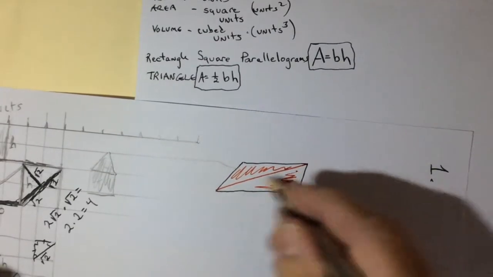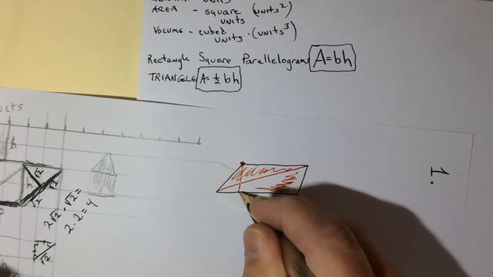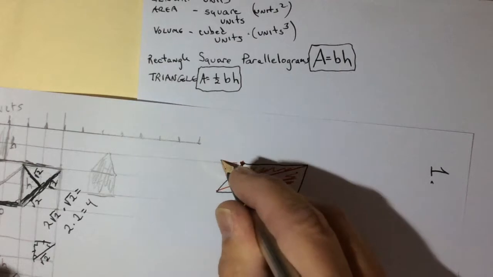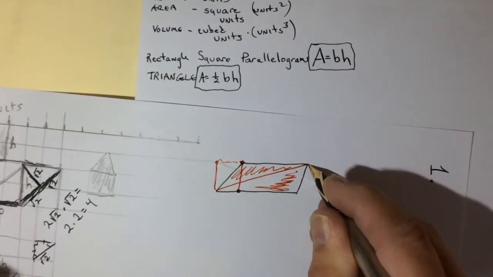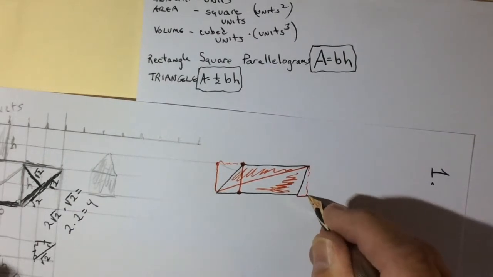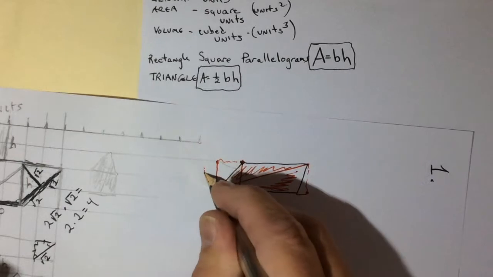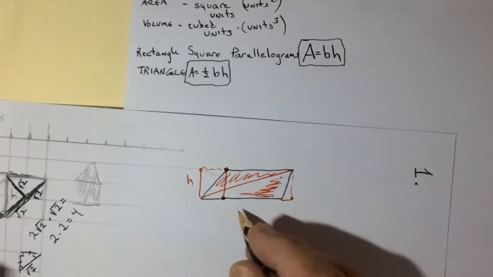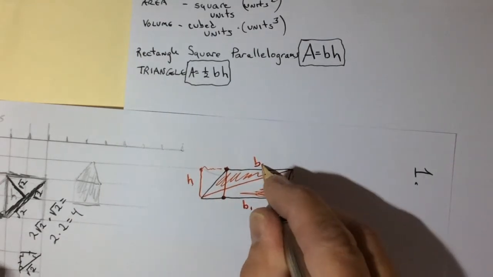They both have the same height from here to here, from here to here, from here to here. It doesn't matter where you measure it. The height of both triangles is the same, and it's the same as the height of the trapezoid. We have two different size bases, so let's call this one base 1 and we'll call this one base 2.